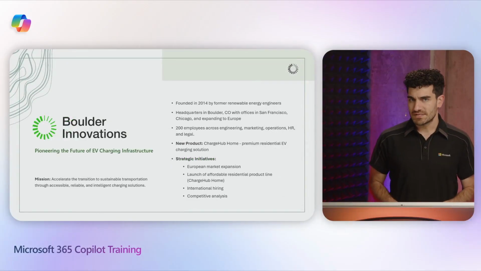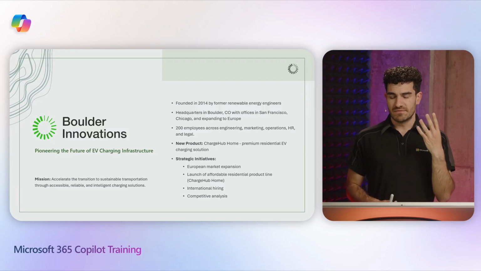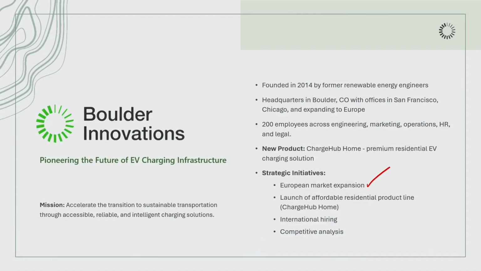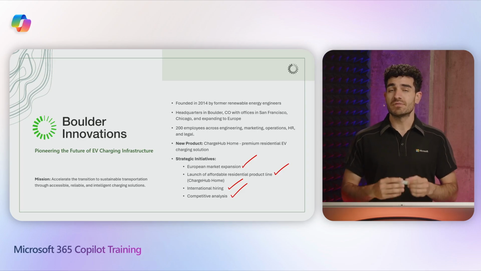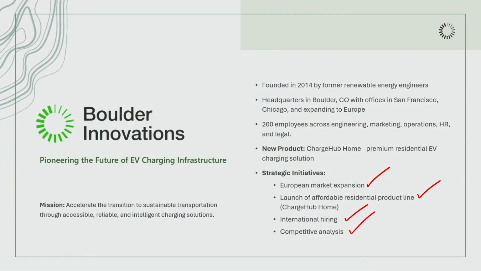They are currently focused on 4 key initiatives: a European expansion, launching a line of affordable residential charging products called the Charge Hub Home, their international hiring, and performing competitive analyses. These strategic priorities create the perfect backdrop to demonstrate how Microsoft 365 Copilot empowers different roles to drive innovation across the organization.